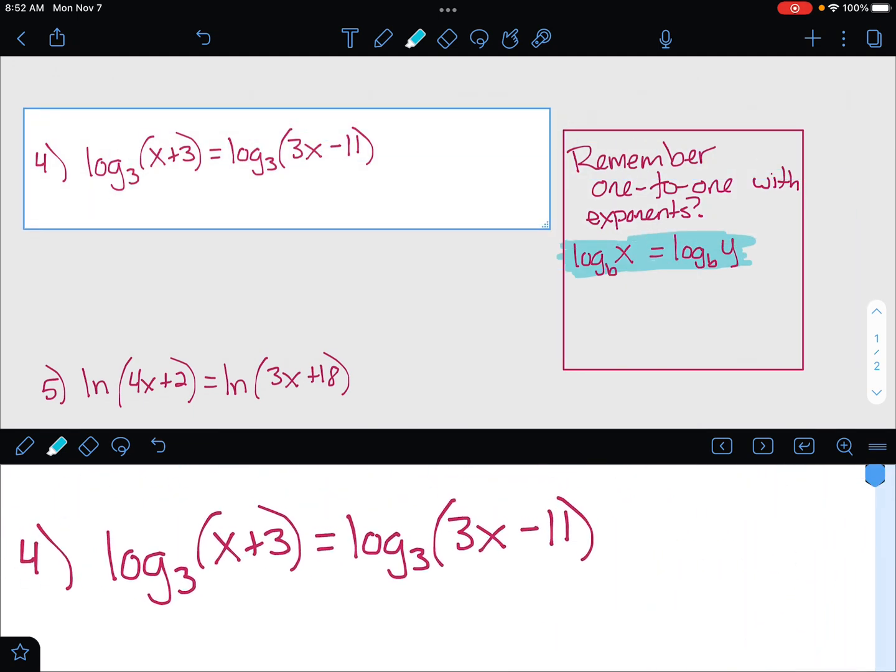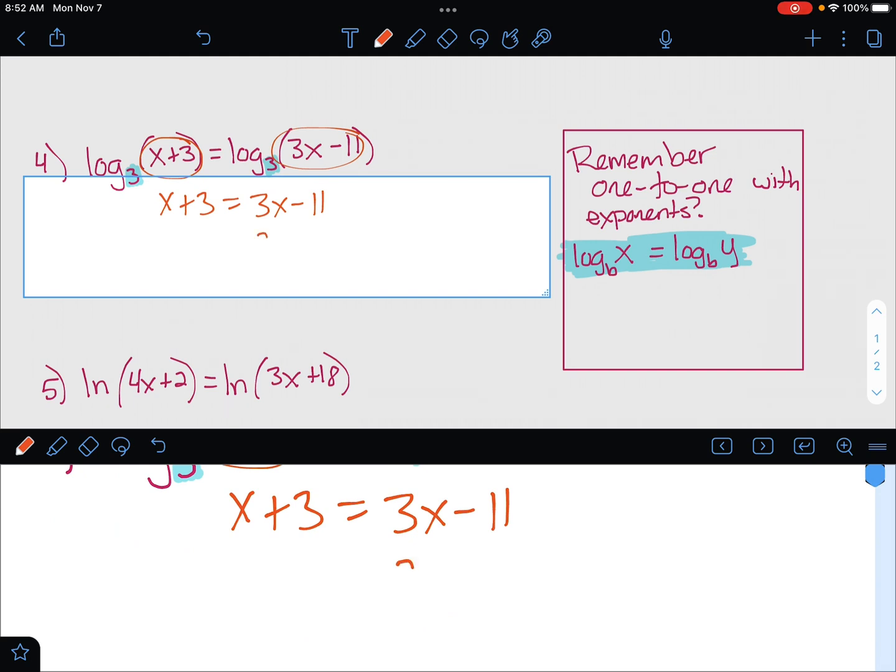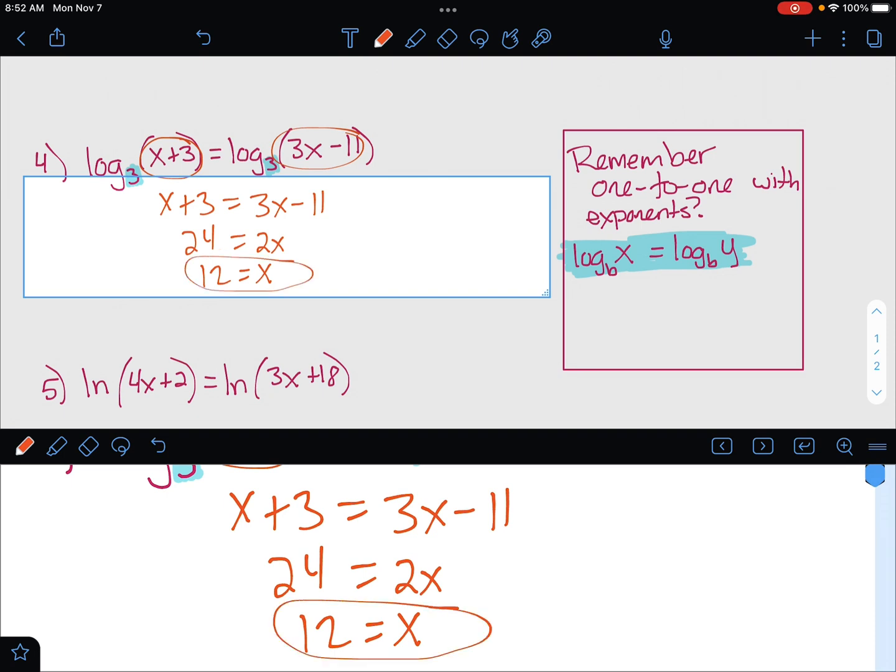So look at number 4. On number 4, we have a log equal to a log. Well, they have the same base of 3, so what we can do is take this stuff inside the parentheses and set it equal. So really we have 2x equals 24, so x equals 12.